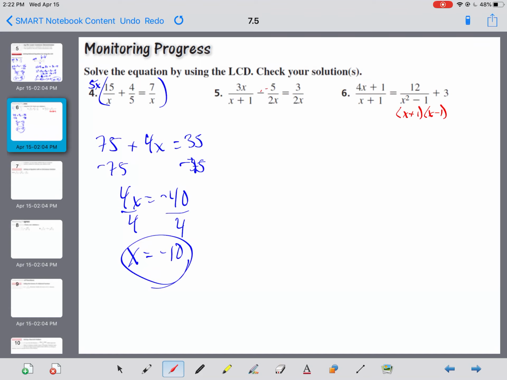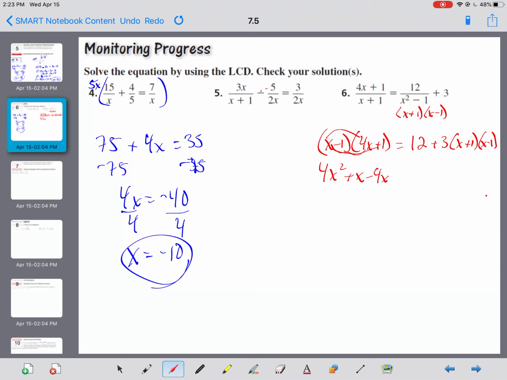Let's do number 6. Let's factor that bad boy apart first. x plus 1 times x minus 1. All right, so that's what we're multiplying, top and bottom. So this top becomes x minus 1 times 4x plus 1 equals 12, and then plus 3 times x plus 1 times x minus 1. So it's going to be quadratic.